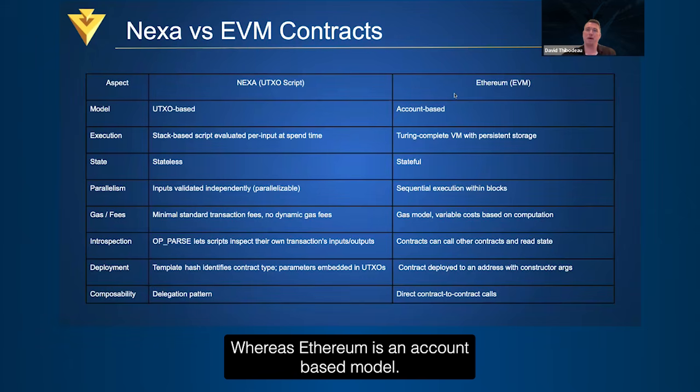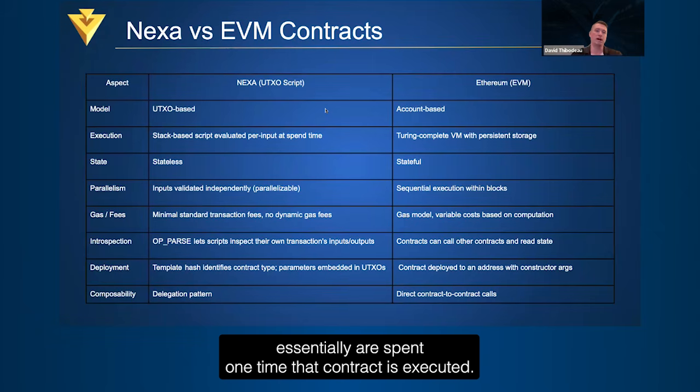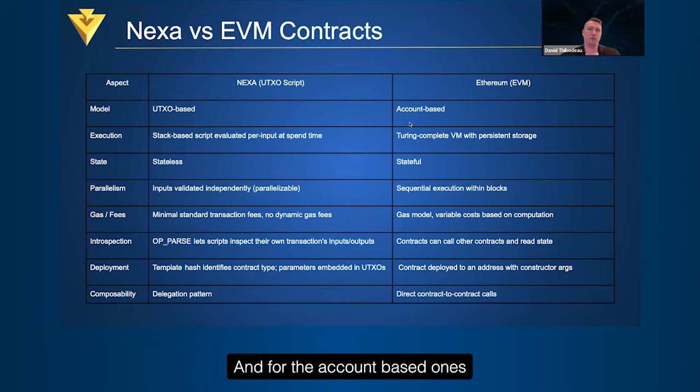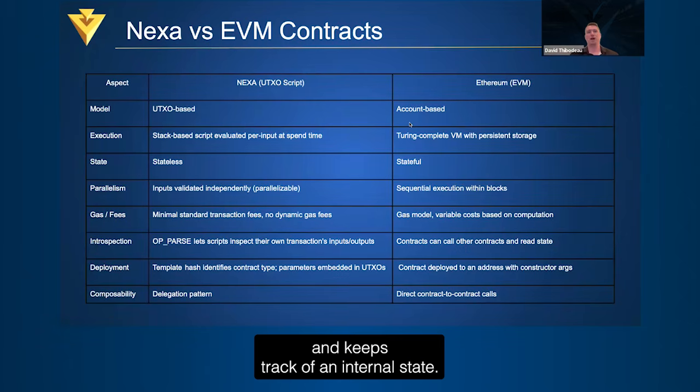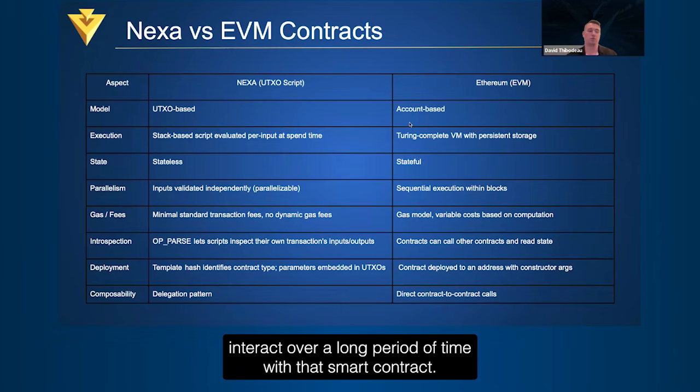Whereas Ethereum is an account-based model. UTXO smart contracts essentially are spent one time. That contract is executed. And for the account-based ones, that contract is deployed and exists and keeps track of an internal state. So maybe multiple transactions interact over a long period of time with that smart contract.